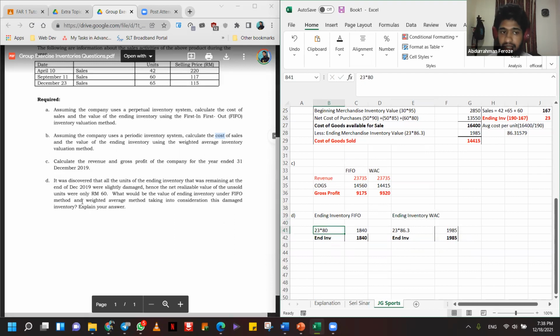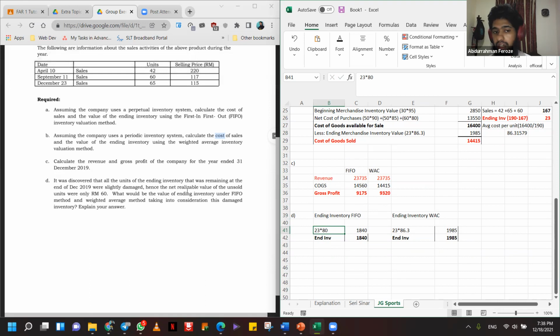Now they're telling us that the net realizable value of the unsold units was 60 ringgit. So considering the net realizable value is 60, what would be the value of ending inventory? We have to take the lower of the two, right?